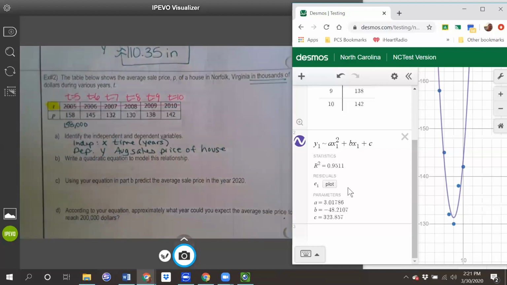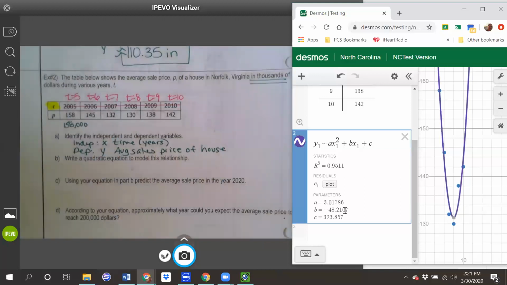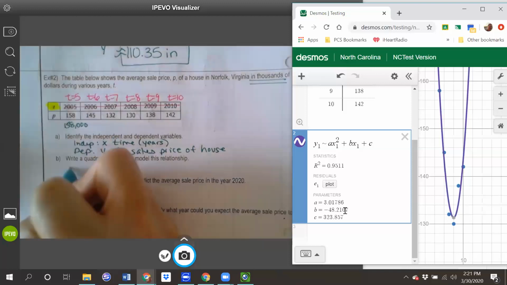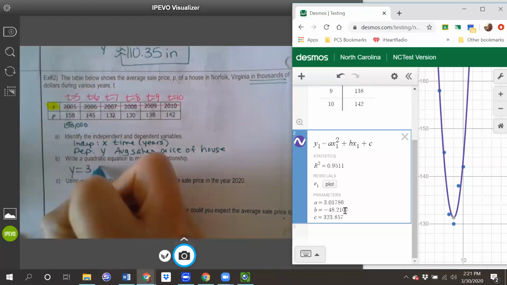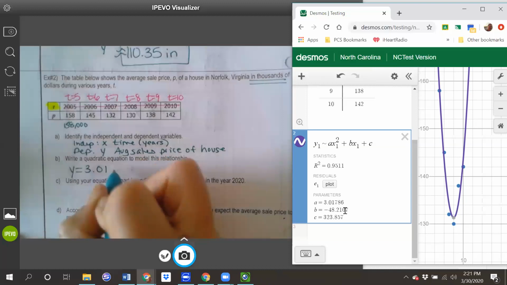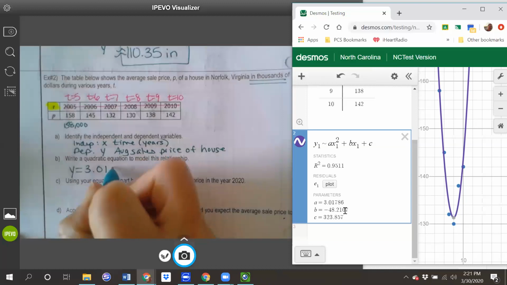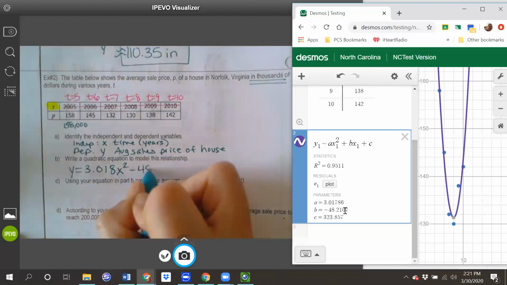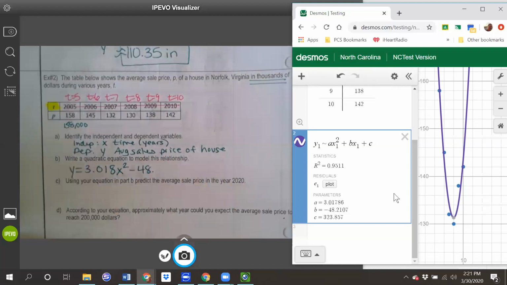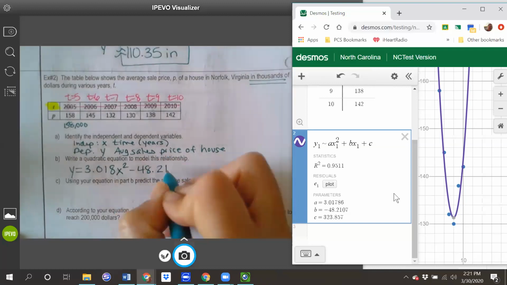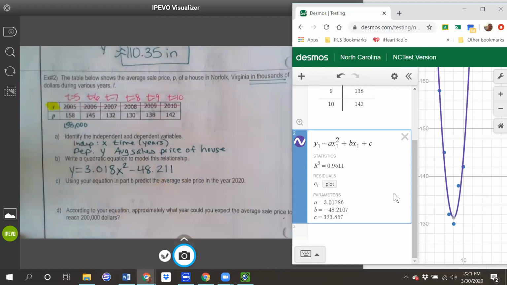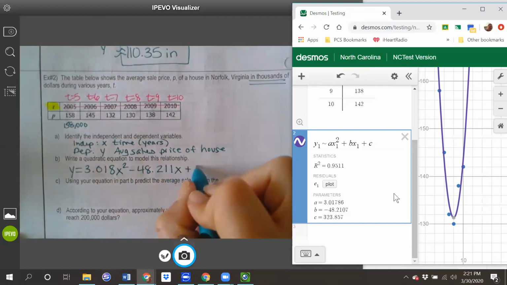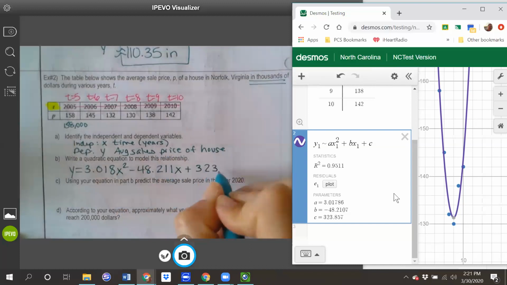Okay. B says, write a quadratic equation to model this relationship. So I'm going to use my A, B, and C values here. So Y equals 3.0178, I'm going to round that to an 8, x squared, minus 48.2107, I'm going to round that 0 to a 1, x, plus 323.857.